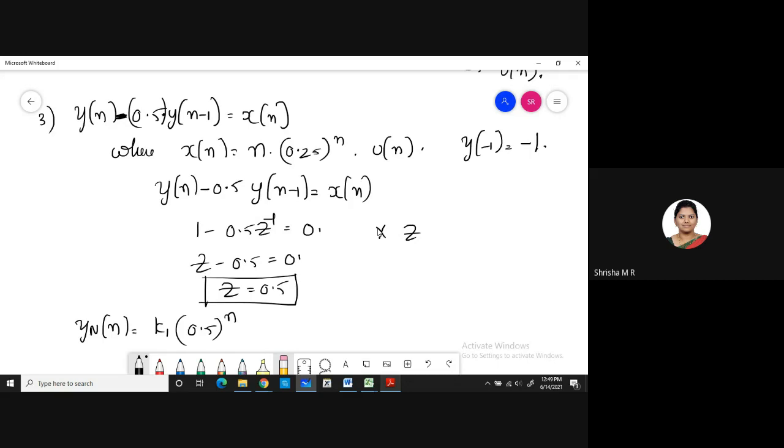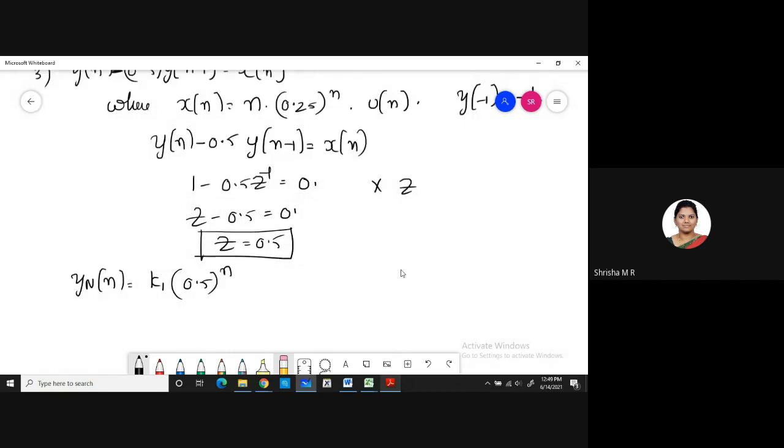Now, making use of the initial condition, find out what k1 is. You put yn of minus 1, which is k1 into 0.5 to the power of minus 1, and equate it to minus 1. So what will you get?